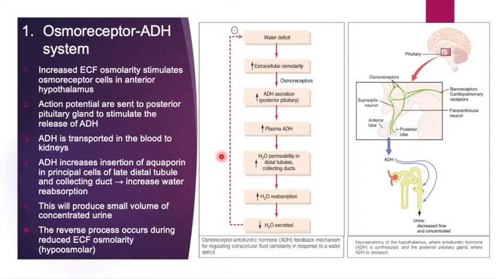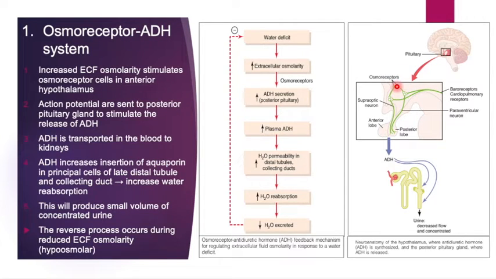Osmoreceptor ADH system. This figure shows the basic components of the osmoreceptor ADH feedback system for control of ECF sodium concentration and osmolarity. And this figure shows the neuroanatomy of the hypothalamus and the pituitary gland, where ADH is synthesized and released.